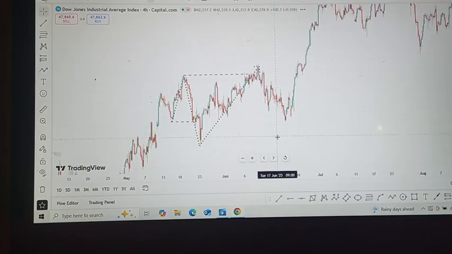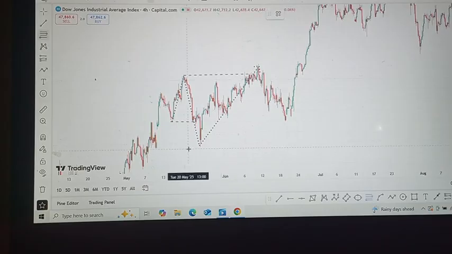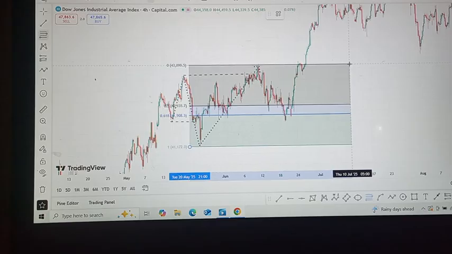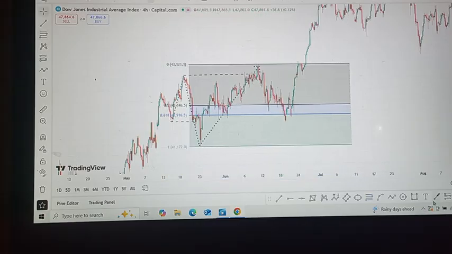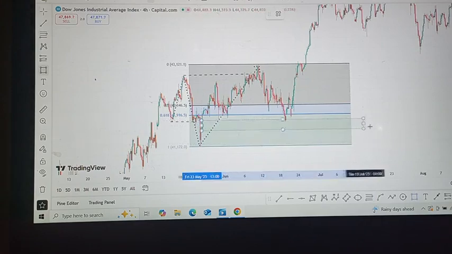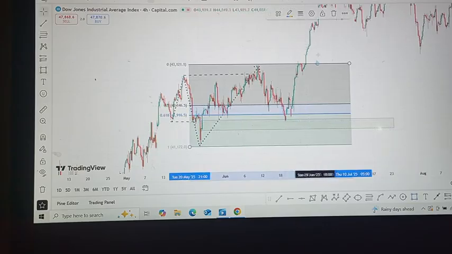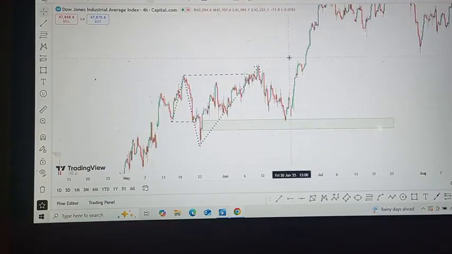Then how do we know where to enter? We just take our Fibonacci from swing low to swing high. Just below the 50 fib, we can take our entry either from the order block or any strategy at all.